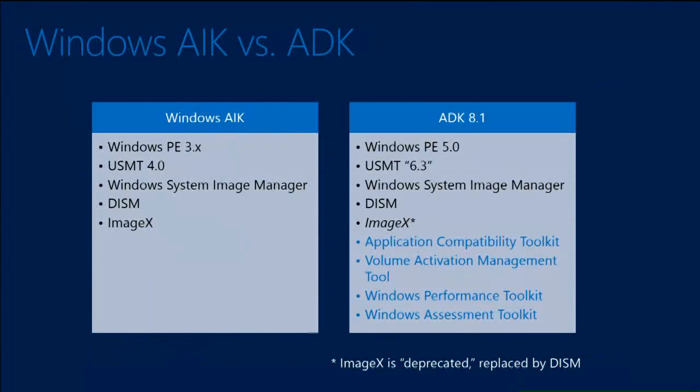So ADK 8.1 contains Windows PE 5.0. We'll talk a little bit more about that. It also contains USMT, which I'm just calling 6.3 in parentheses because they haven't told me exactly what version they want to put on that yet. When I asked the question, they said, well, we'll give USMT the same version number as the operating system. Okay, the operating system version is 8.1. They said, no, the operating system version is 6.3.